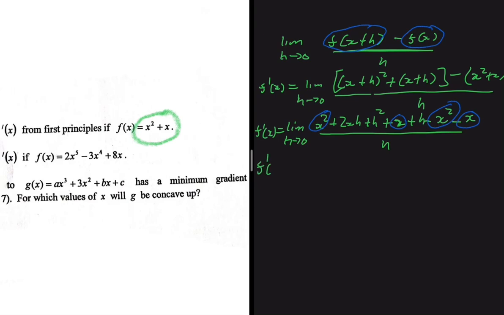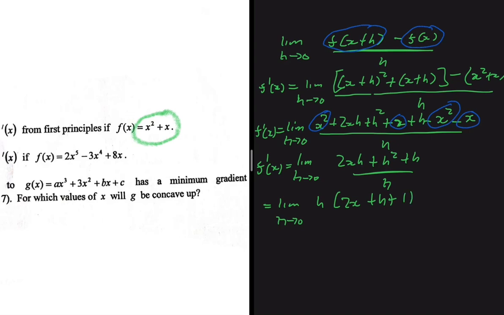So now we have f prime of x equal to the limit as h tends to 0 of 2xh plus h squared plus h, divided by h. Right now we're going to take h as a common factor on the numerator. So we have the limit as h tends to 0 of h times (2x plus h plus 1), divided by h.